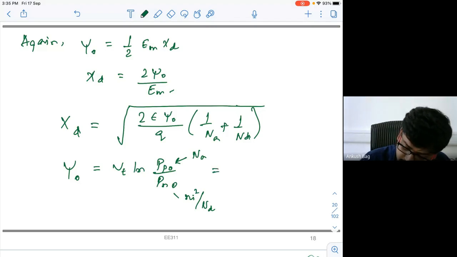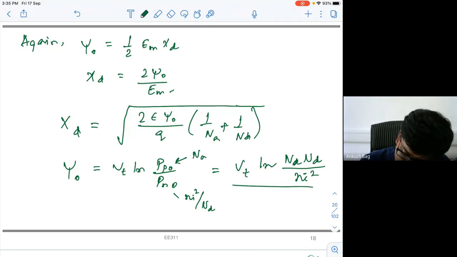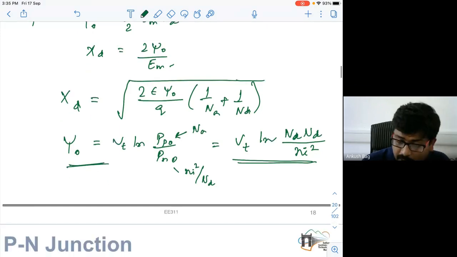So we can rewrite this finally, the built-in potential once again in terms of doping concentration, Na Nd divided by Ni square. So this relationship is very important to calculate our built-in potential and to solve other numericals.